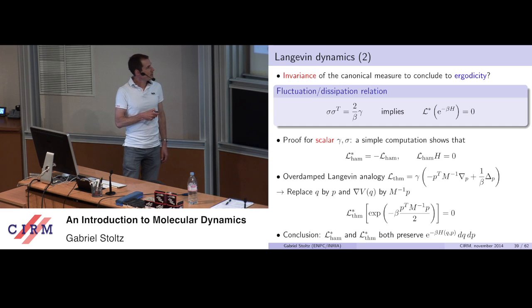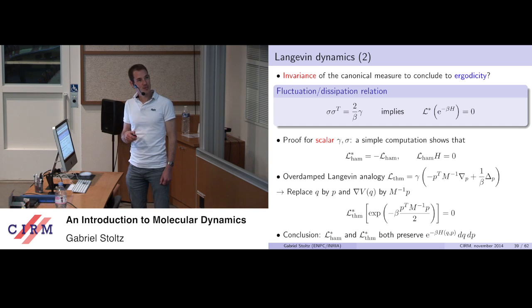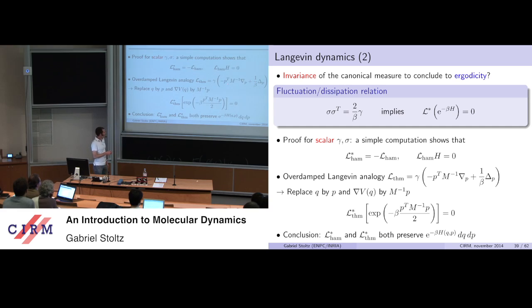So we only have to understand what happens to the fluctuation dissipation part. When you look at it, you see that it's something which depends only on p. And now, with the eyes of love, you recognize that it's more or less an overdamped Langevin dynamics with a force M^{-1}p instead of gradient V of q.